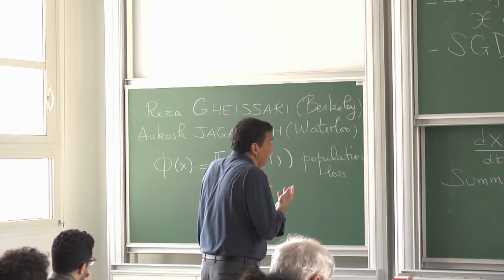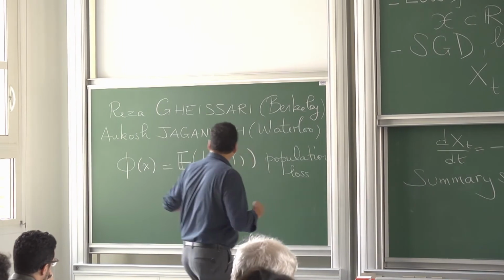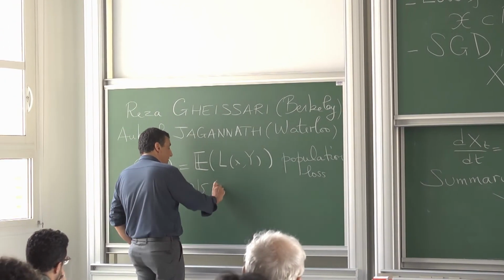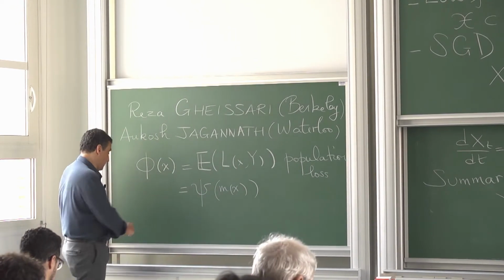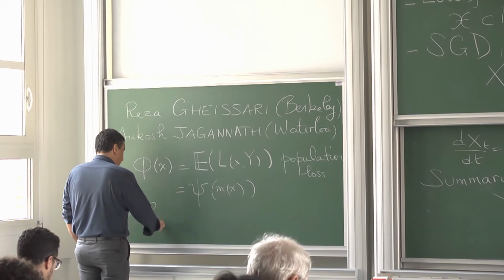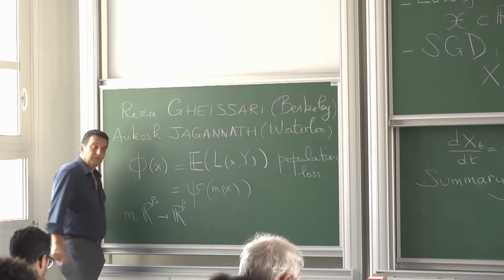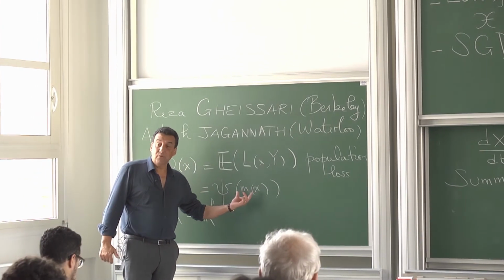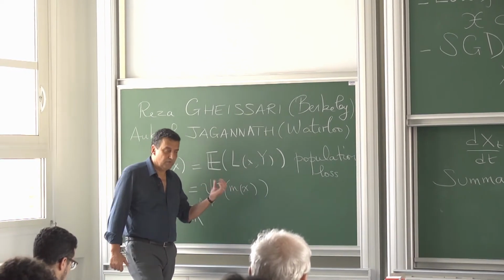So imagine that this is a function psi of m of x, where m is now a function from R^p to some R^L, with L finite. Then it's natural to imagine that these are really the statistics you want to follow. And you will see in practice, this is very often the case.